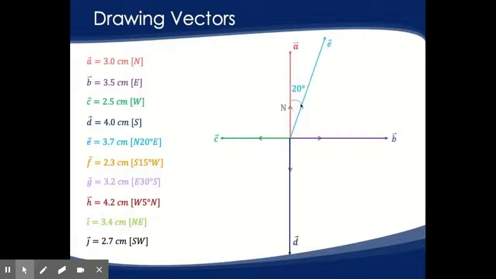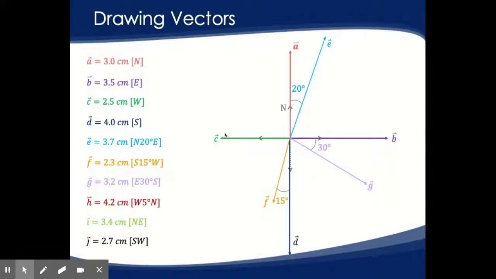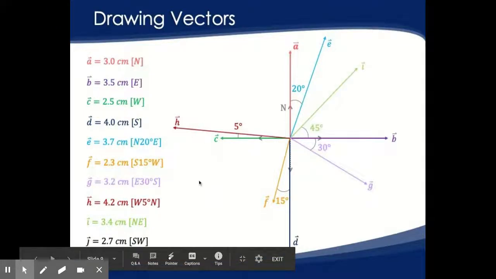We're measuring 20 degrees over, drawing our line the length of 3.7 centimeters. And then you just continue on like this. So we've completed F and G. Now we're going to do H, so 5 degrees north of west. If this is west, we're going to be 5 degrees north of it, and my line needs to be 4.2 centimeters long. So it's pretty long there. You're just continuing to add. This is just practicing drawing those vectors.